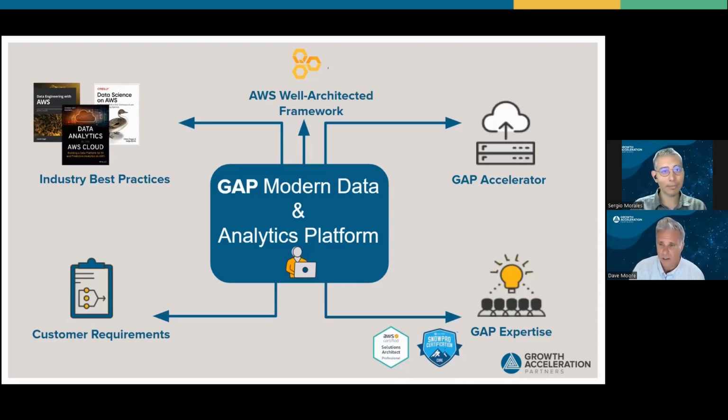Those are valuable to us. And then we are big fans and believers in the AWS well-architected framework, Amazon's approach to how you build things like this. And then finally, on the far upper right here, you'll see what we refer to as the GAP Accelerator, and that is infrastructure as code, Terraform, that we have built and pre-wired all of these things together.